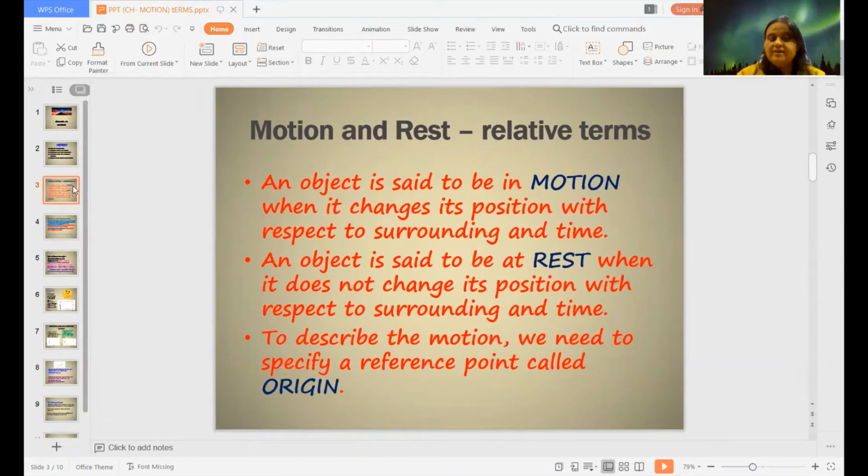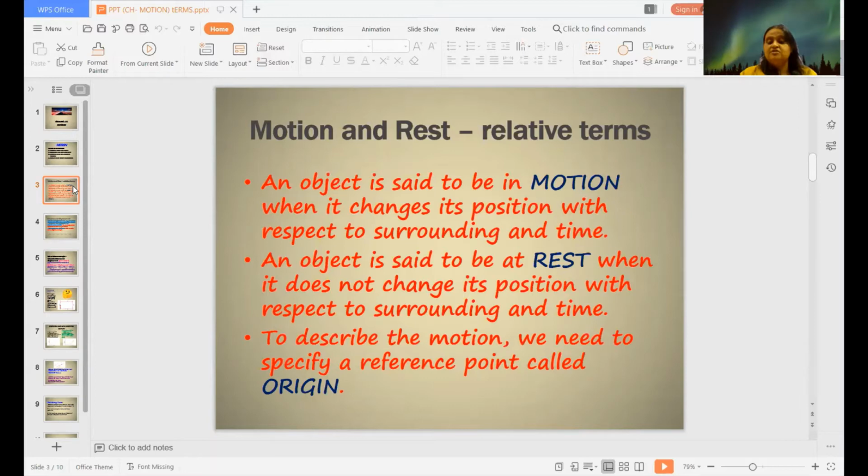Now motion and rest, these are not new terms for us, right? They are relative terms. When you say an object is moving, or when you say an object is at rest, when you relate them together, the object is said to be in motion when you see some change in displacement, when you observe some change in position.